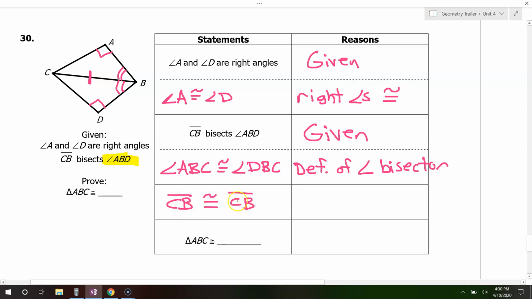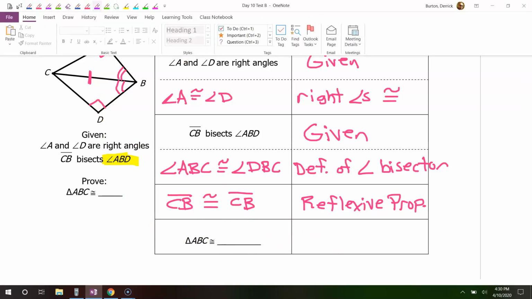Whenever you make that silly statement that something is congruent to itself, that is called the reflexive property. All right, not the reflective property, the reflexive property. So that should be enough to prove that the two triangles are congruent.